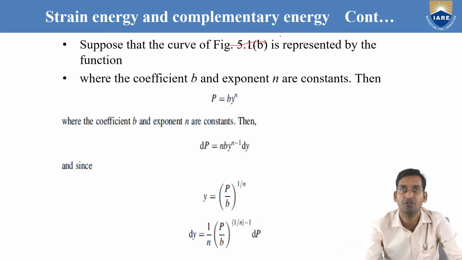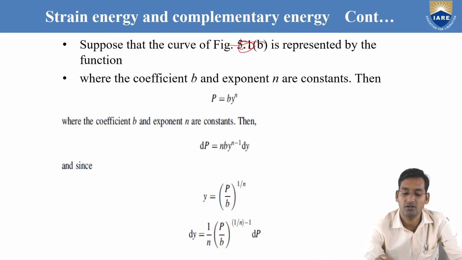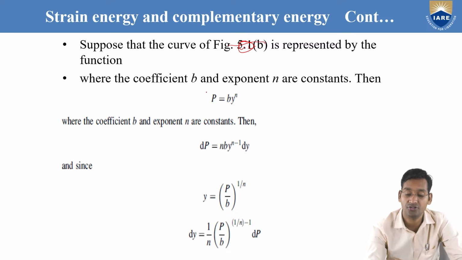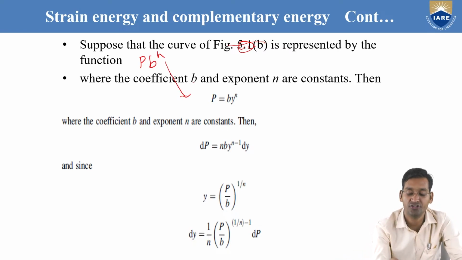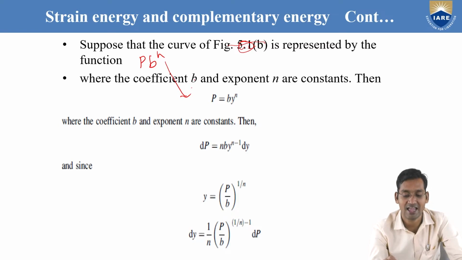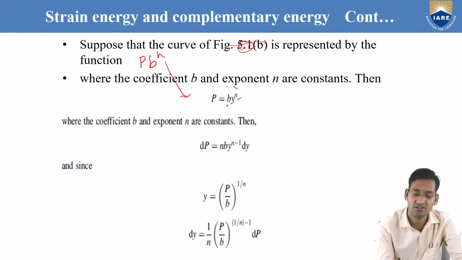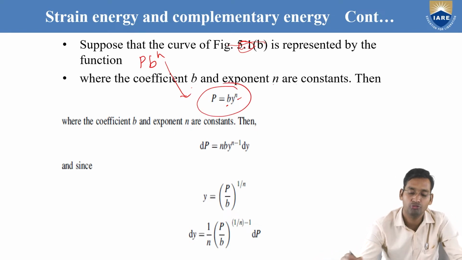Suppose that the curve of figure 5.1b is represented by the function p equals b y to the power n, where b is the coefficient and n is the exponent, both constants. So we are just taking this as a curve function. Now with this we will derive.